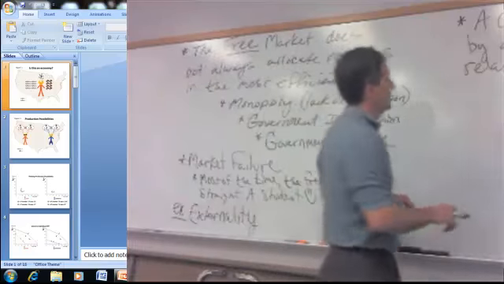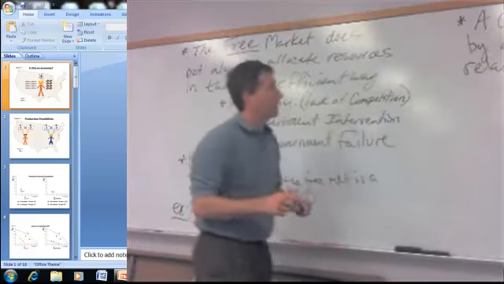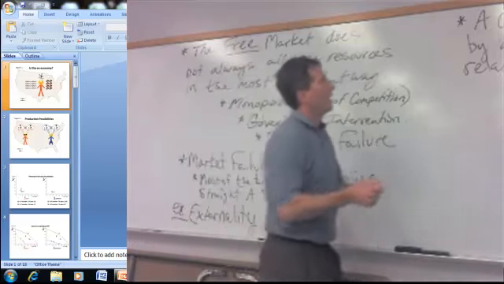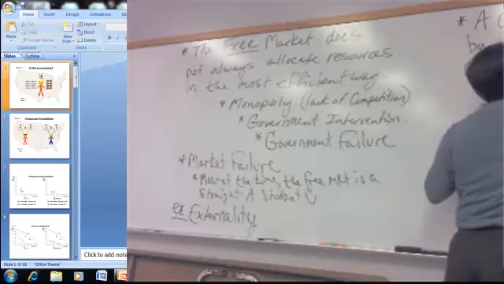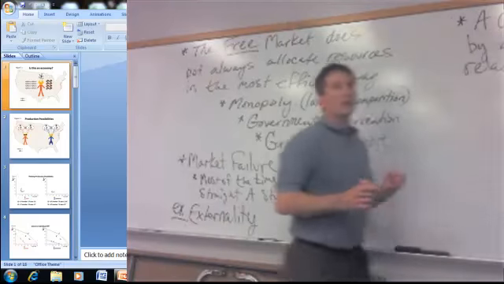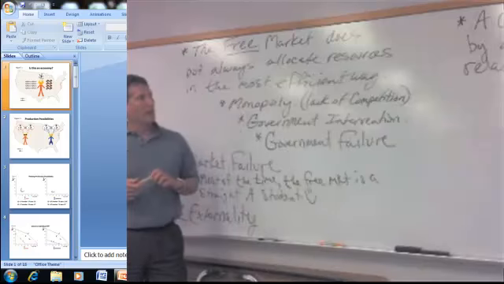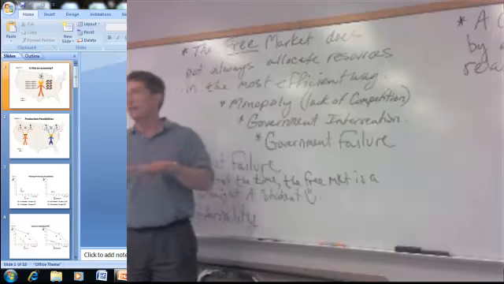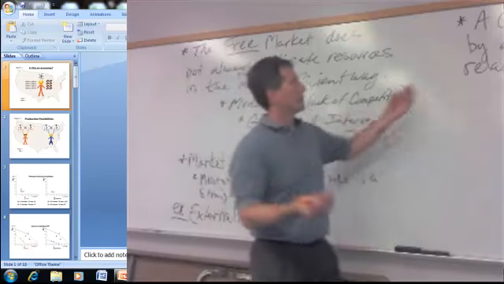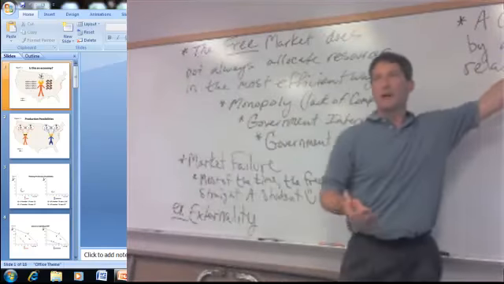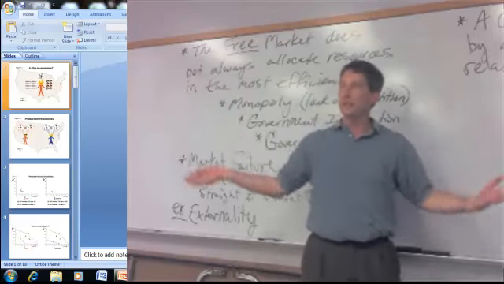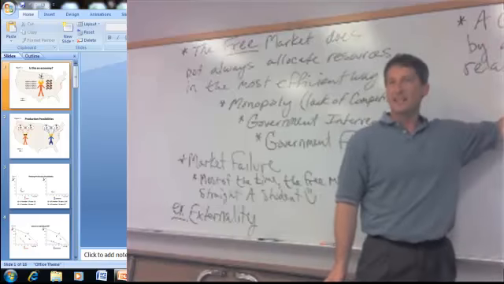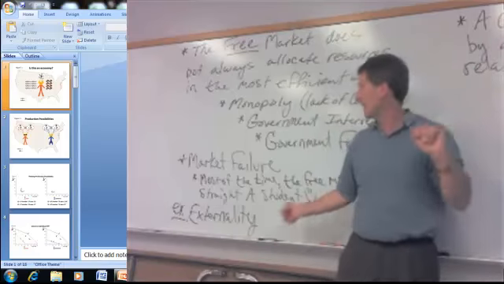A cost or a benefit borne by a third party, not directly related to a transaction. Underlying third party. So if we have some pollution going on, it's not the buyer of the product, it's not the seller of the product, but there's some sort of cost or benefit to somebody downstream or somebody that's affected by the production or consumption of the good that is kind of innocent. That is an externality, and that causes problems.